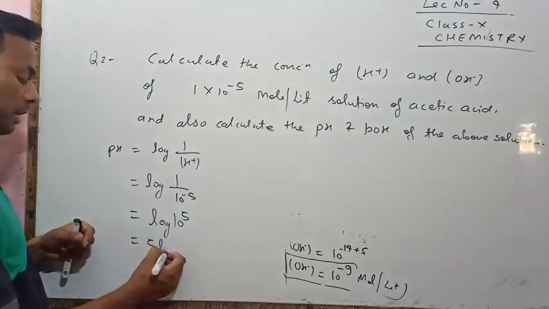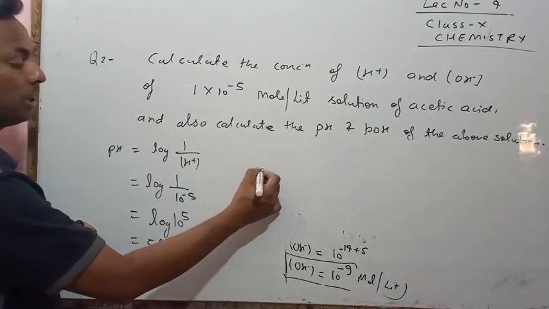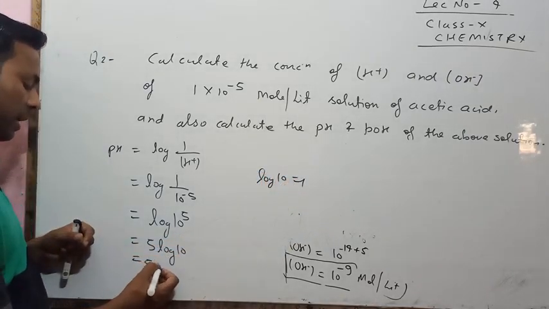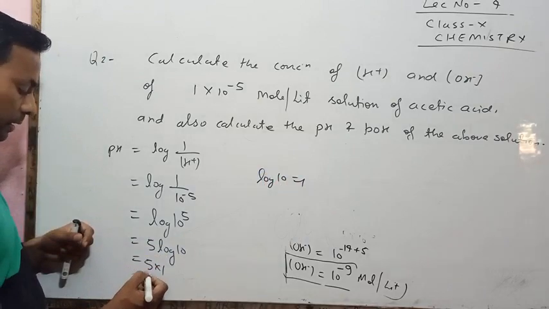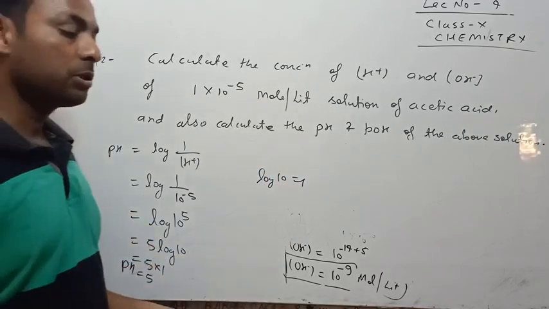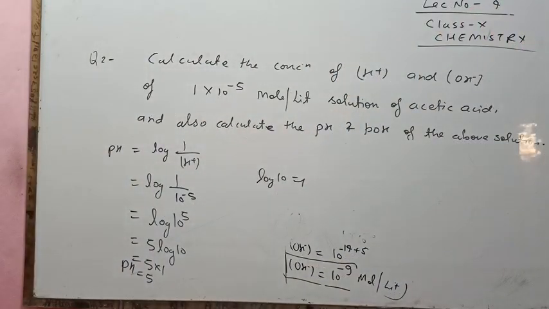So 5 log 10, according to log m power n equals n log m. Log 10 value is 1. So putting this value, we get 5 into 1, it means 5. So the pH of this solution is 5.